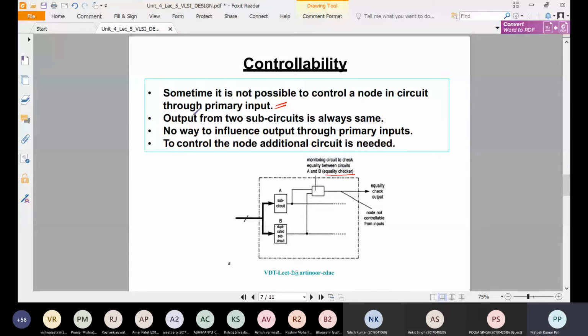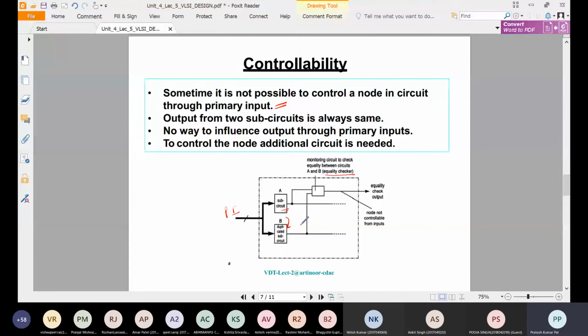Here the output from the two subcircuits is always the same, because this is subcircuit 1 and this is just a copy of the first, subcircuit 2. So A and B are almost the same circuit, and they are connected to primary inputs. So the primary inputs are connected and we are getting the output.